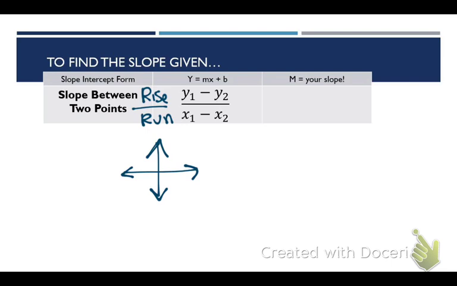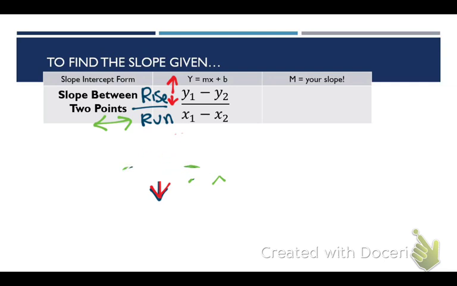When we said we rise, what directions do we go? Up and down. Which axis is the up and down axis? The y-axis. And what letters are on top with the rise? The y's. And then we said the run is on the bottom. It goes left and right. Which axis goes left and right? The x. That's why the x is on the bottom.